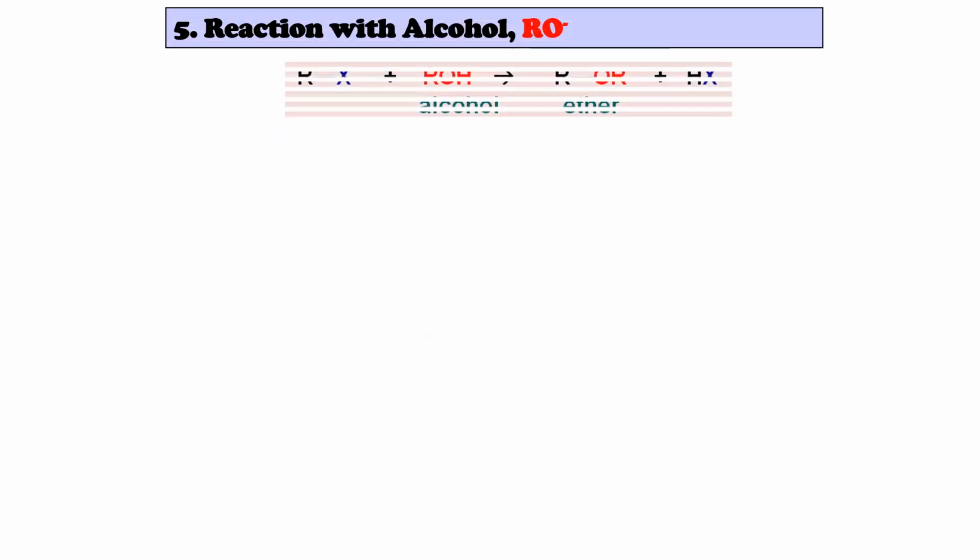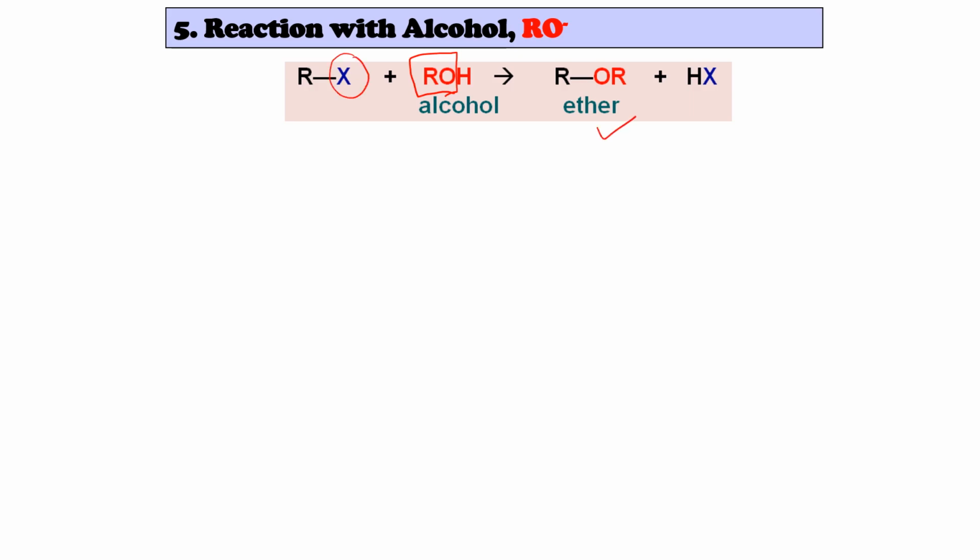Reaction with alcohol. For example, RX reacts with alcohol. So the nucleophile is OR. OR will replace X and the product is ether. HX as a leaving group.